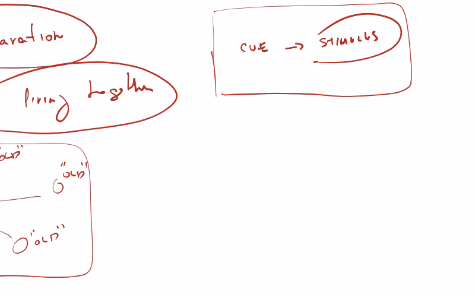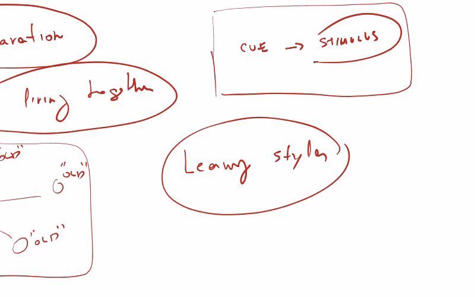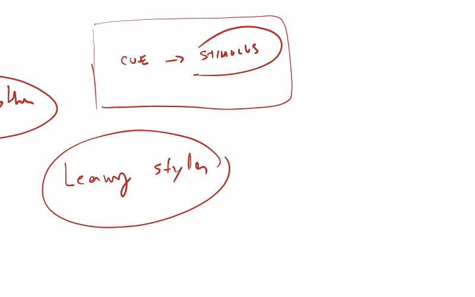Okay, and then there are the learning styles, about which there is a lot of discussion: whether some participants are more auditory, some more visual, kinesthetic. At the end of the day, it depends on how you present the information.